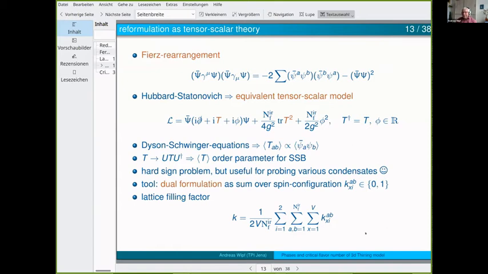And out of this, K^{AB}_{x,i} tells you roughly what is the occupation number at site x, spin i, where A and B are flavor indices. And then you sum over the indices, and K is then the lattice filling factor, which tells you on the average, if it is near 1, you have Pauli blocking. If it's 0, there's almost no fermions around.